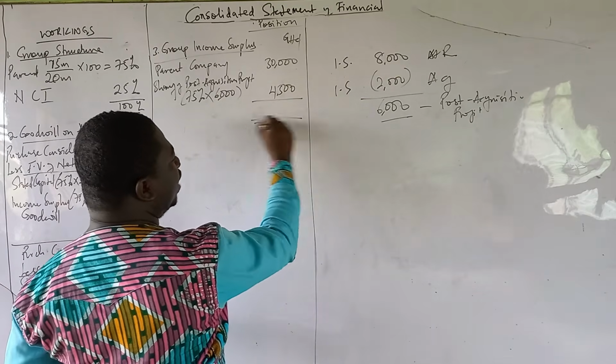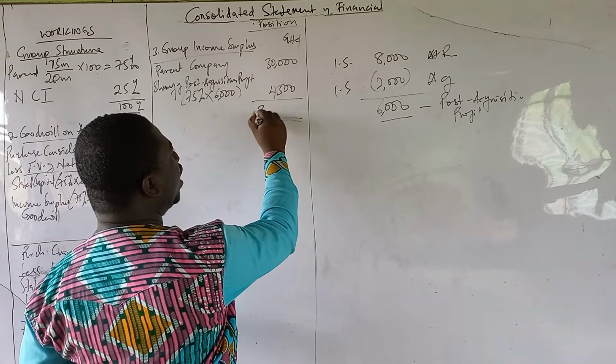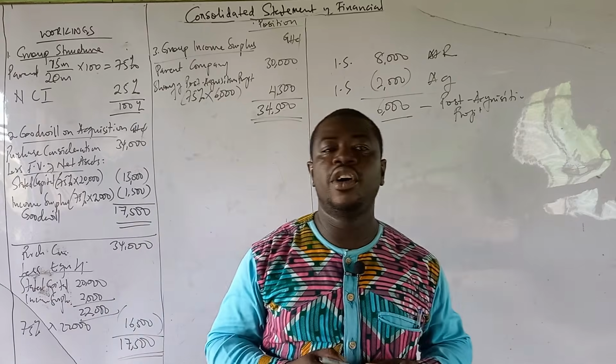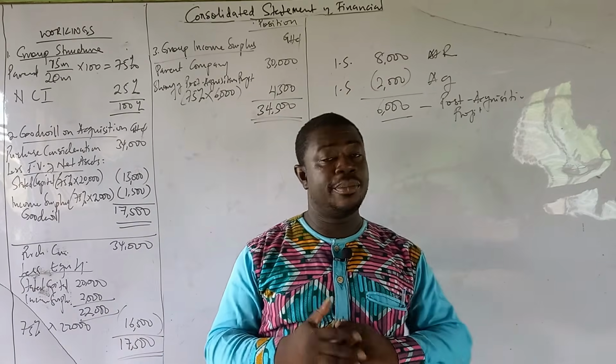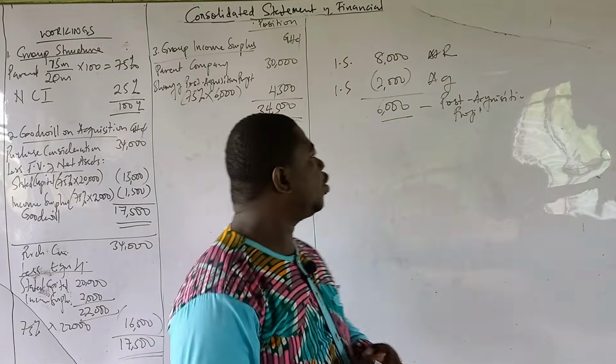So we add that to the parent company's income surplus, and we have 34,500 as the value of our group income surplus. I'm sure it is really making sense to you. Okay, so this is it.